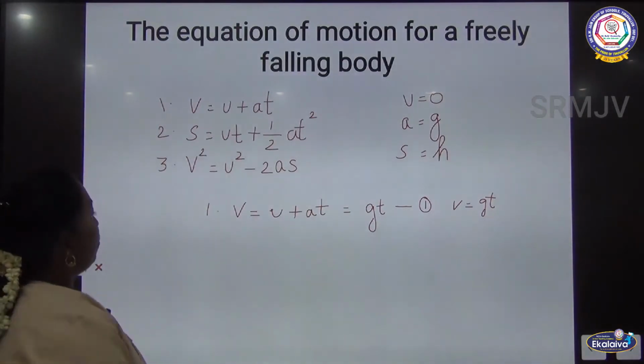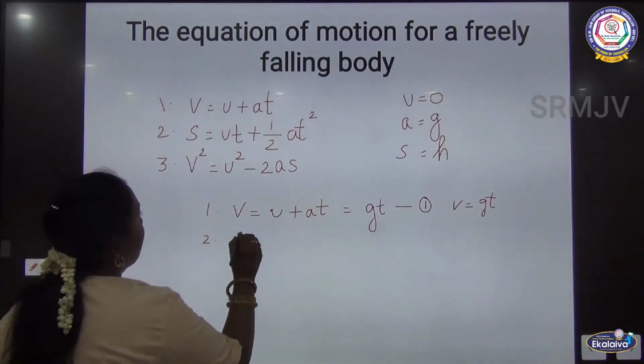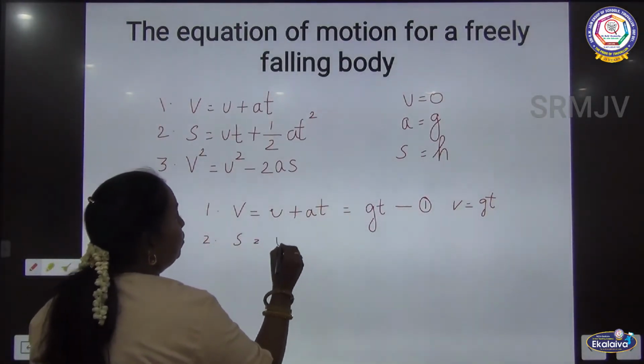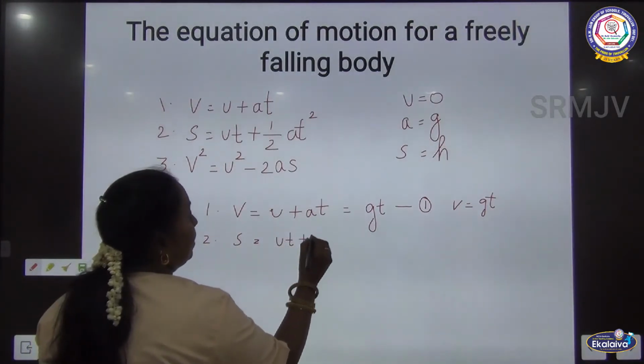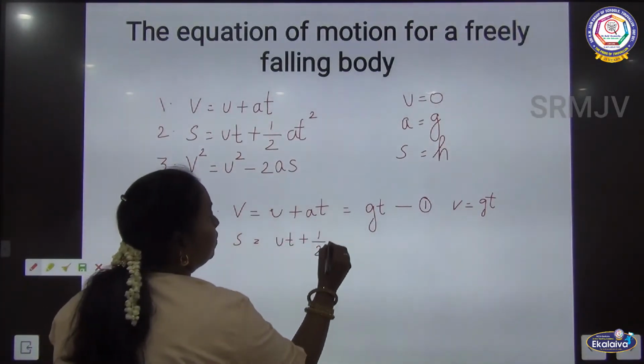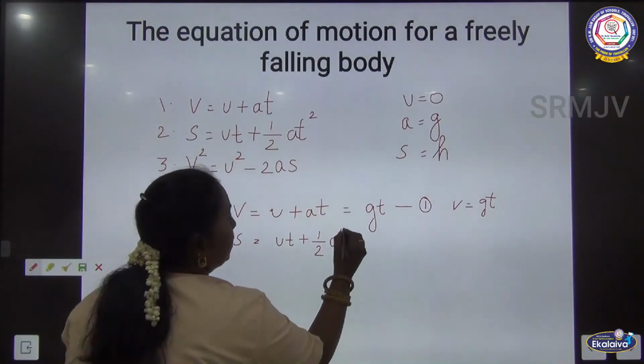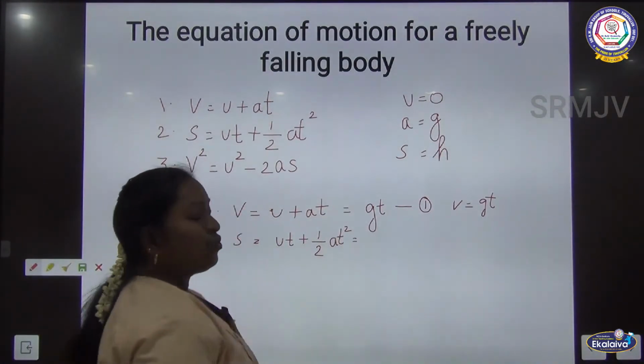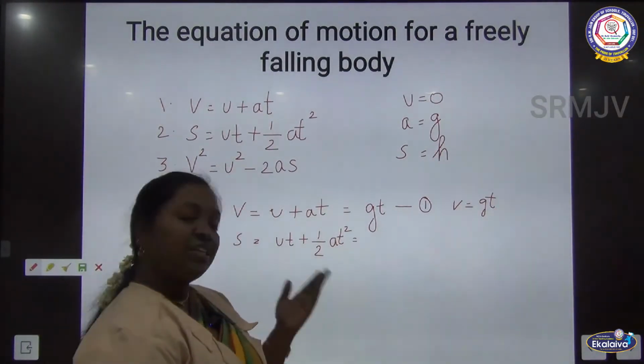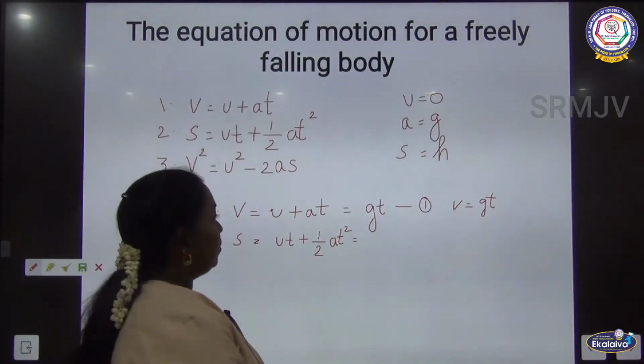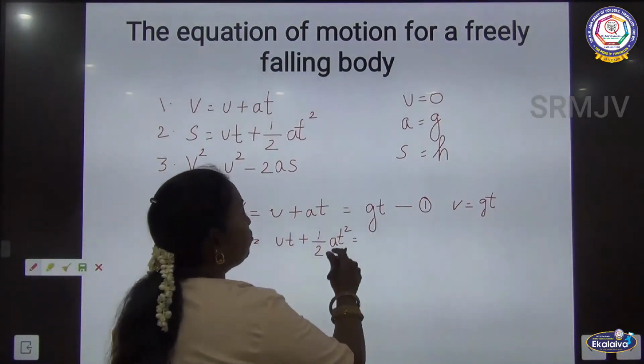And the second one, s equal to ut plus half at square. So u is 0, which means u into t is obviously 0, so no need to write. So what is remaining?